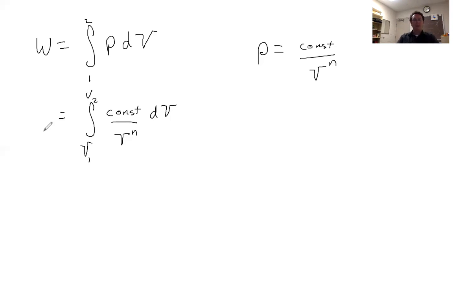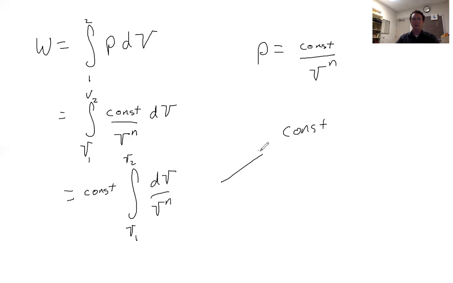All right, well, no problem, right? You just pull the constant out. That's some number. And then I have the integral of dV over V to the n from V1 to V2. And we can immediately write down the answer. It's going to be the constant times, well, let's see, I add 1 to the exponent and divide by the new power.